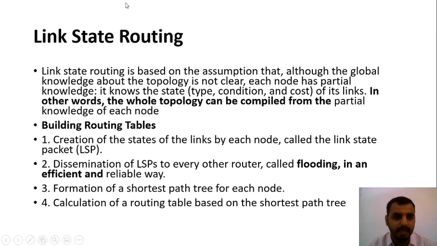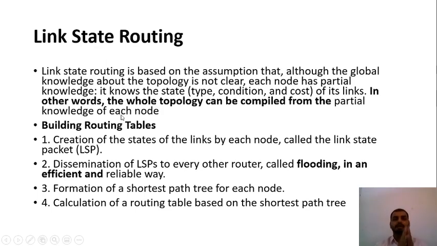Link state routing is based on the assumption that although the global knowledge about the topology is not clear, each node has partial knowledge. It knows the state, in the sense of type, condition and cost of its links. In other words, the whole topology can be compiled from the partial knowledge of each node.